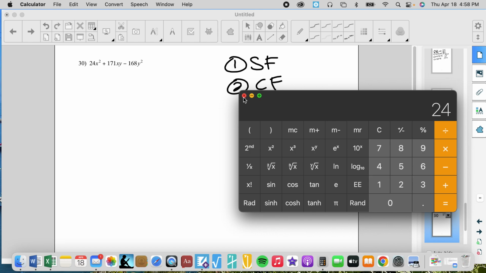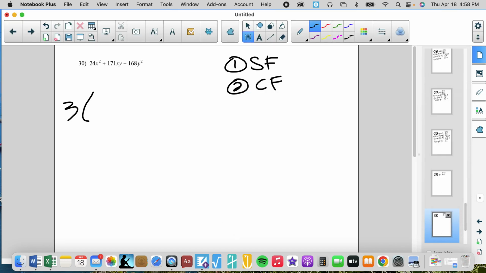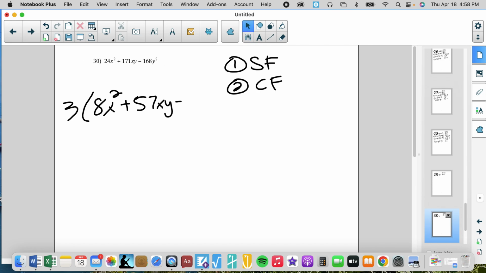Yeah. So let's factor out a 3. You get 8x squared plus 57xy, that's positive 57xy.